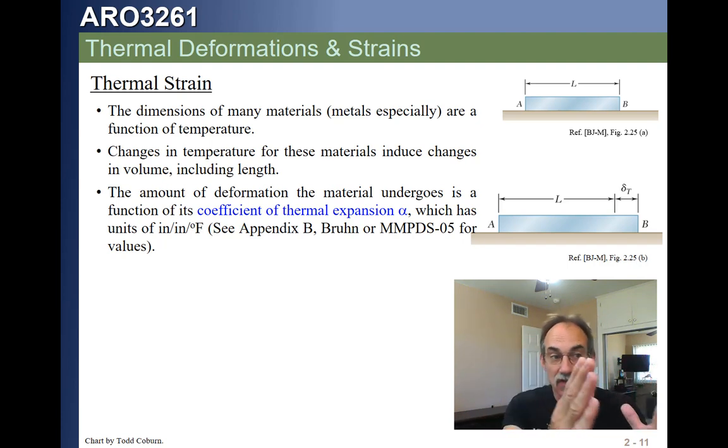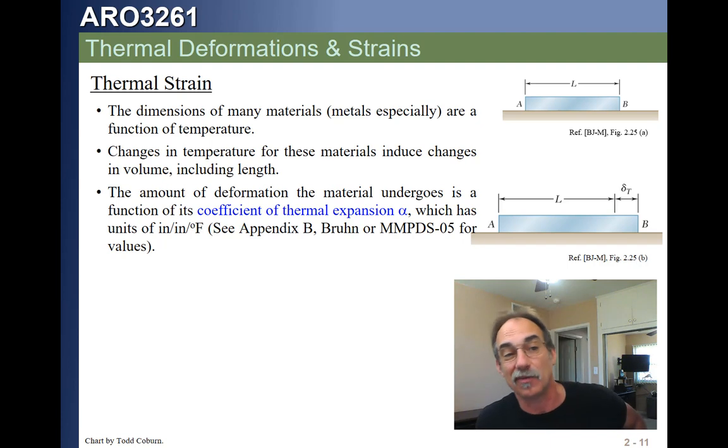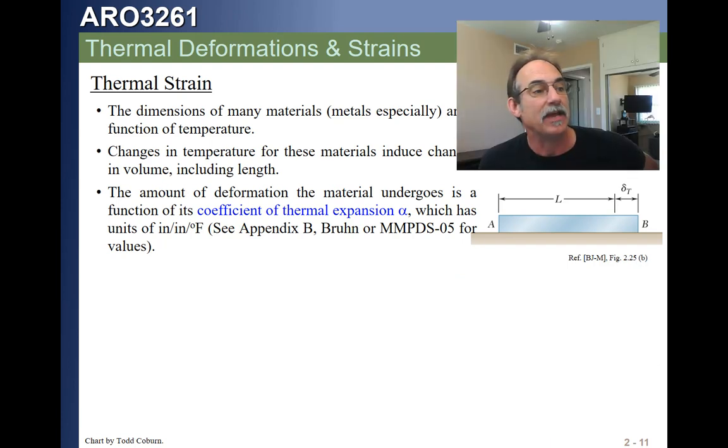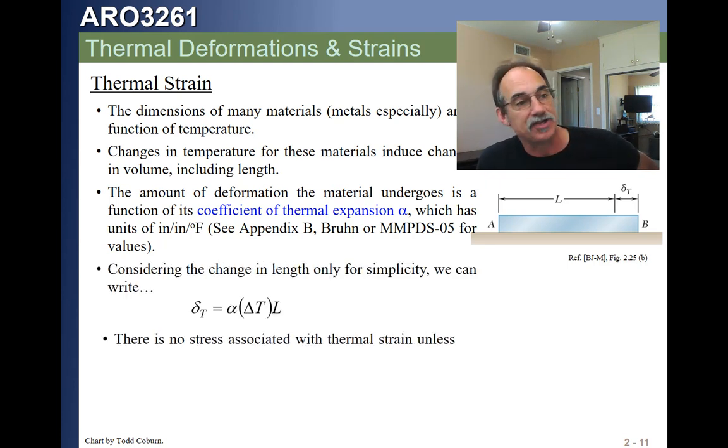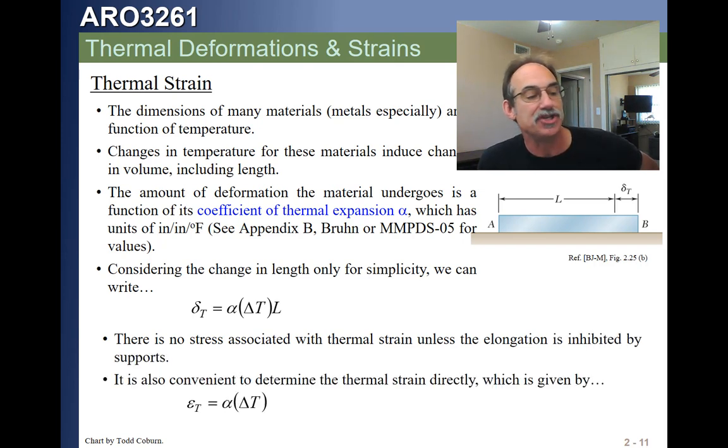But let's just focus on the one dimension A to B. It was L, and now it gets larger by some deflection, and we're calling it a thermal deflection, using a subscript T. Now, if we introduce the coefficient of thermal expansion, alpha, with units of inches per inch per degree Fahrenheit, then we can find that the deflection is just alpha delta T L, and the strain is just alpha delta T.